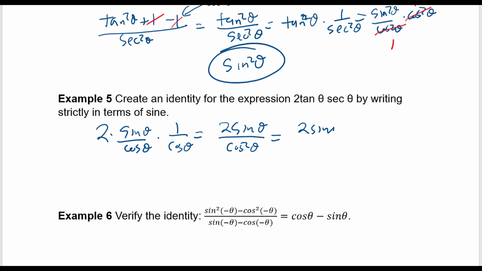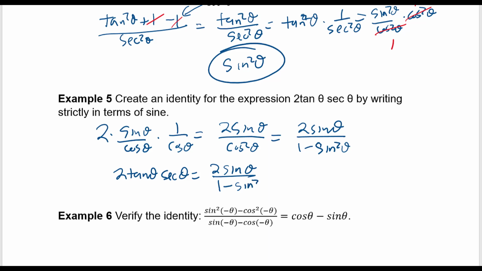So it's 2 sine theta over, and then cosine squared theta is, as we saw earlier, 1 minus sine squared theta. Okay, so everything we have now is in terms of sines, with the constant. So we could say that 2 tangent theta secant theta is equal to 2 sine theta over 1 minus sine squared theta. There's your identity.